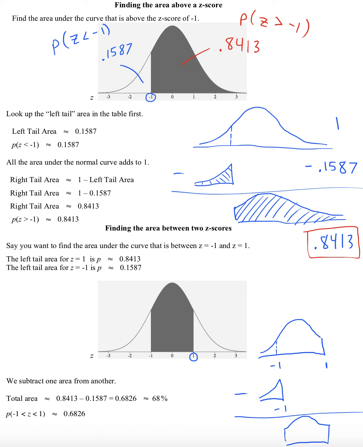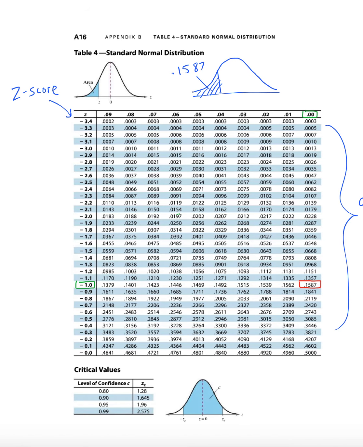All right, so I'm going to look up what is the z that's on my right side and try to find the area to the left of it. In other words, what is the probability that a z is less than 1? That's what I need to find out. So I'm going to go to the table here.